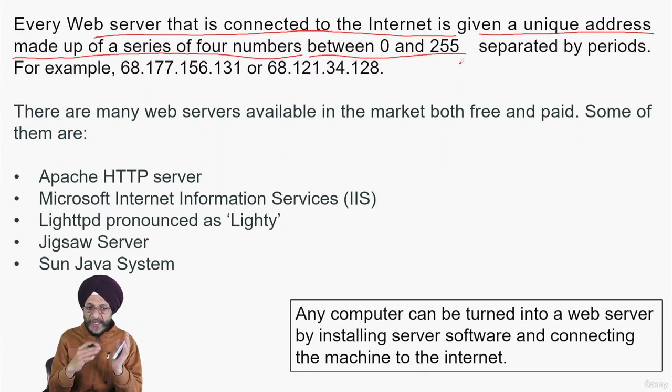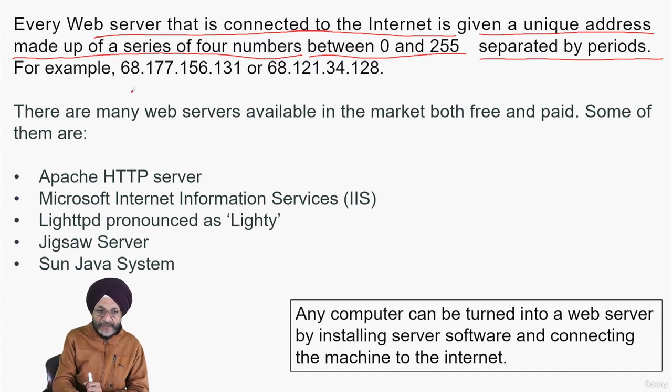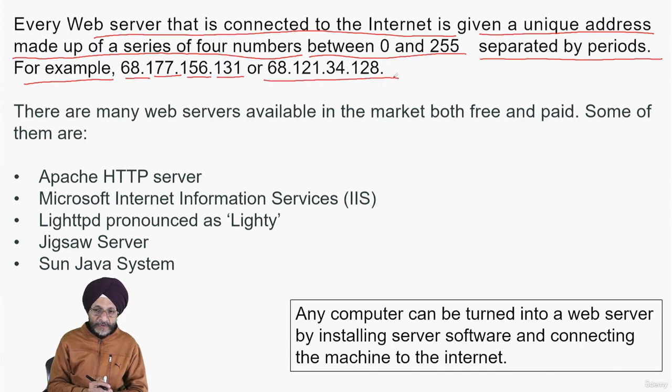Then the answer will be it is made up of a series of 4 numbers between 0 and 255, which are separated by periods. Periods means dots. For example, 68.177.156.131, and this is another example of a unique address of a web server.